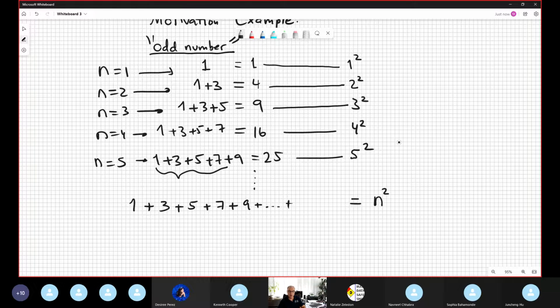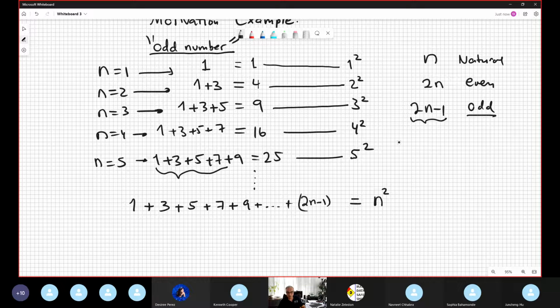It's obvious that the natural number is n, the even number is 2n, multiplication by 2 because it's even, and the odd number is 2n minus 1 or plus 1, depending. Suppose you start at n equal 1, so the explicit formula to generate odd numbers is 2n minus 1.